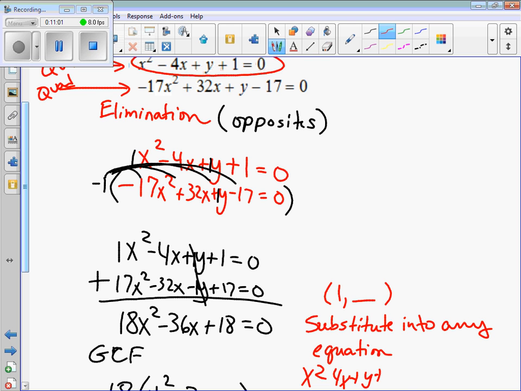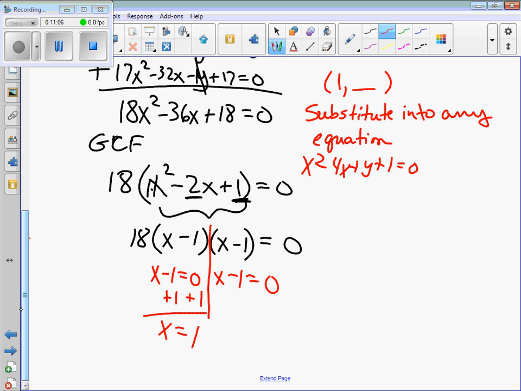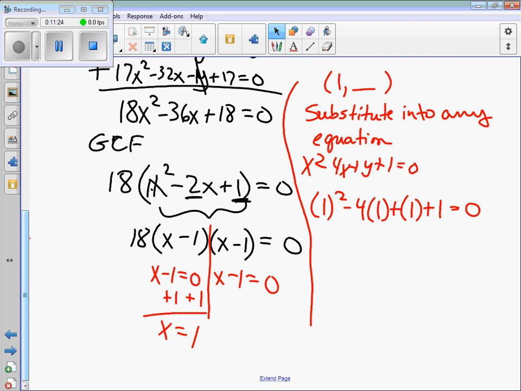Let's substitute in 1. So we have 1 squared minus 4 times 1 plus y plus 1 equals 0. Substitute x, my bad.